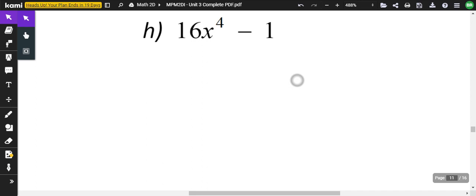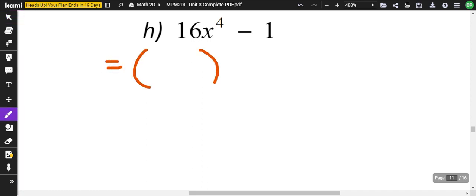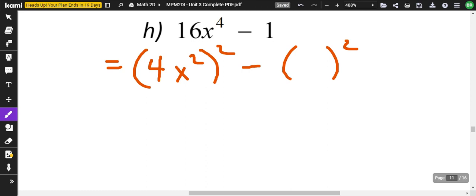1, which kind of looks like nothing's going on back there. That's not exactly true. 1 is a perfect square, isn't it? 16 is 4 squared. X to the 4th we've shown is x squared squared. 1 can be written as a perfect square, though.